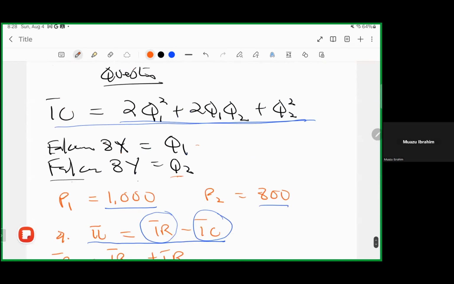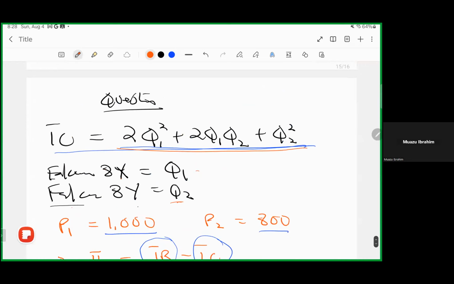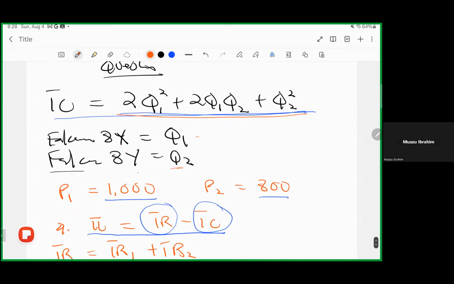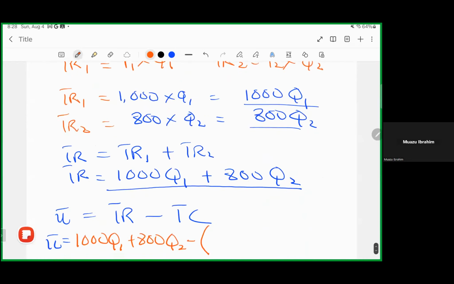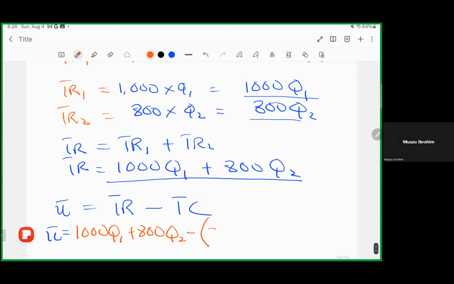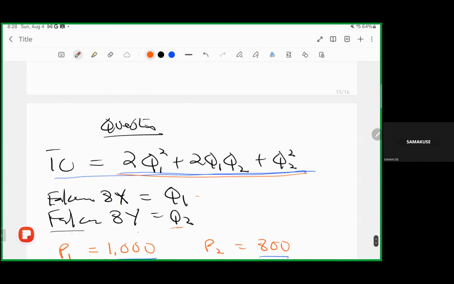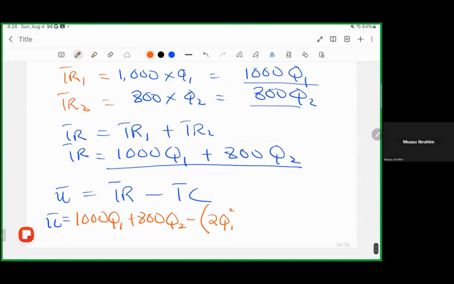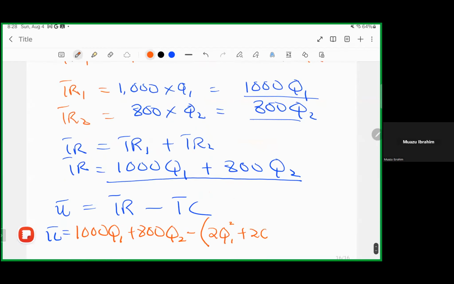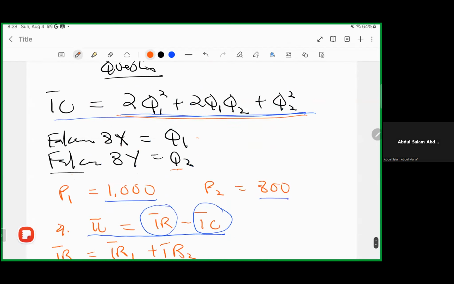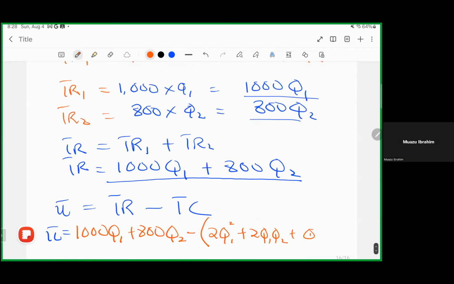And the total cost is this whole thing. Are you getting it? I'm just doing it one after the other, so I've opened brackets: minus (2Q1 squared plus 2Q1Q2 plus Q2 squared). Are we together?